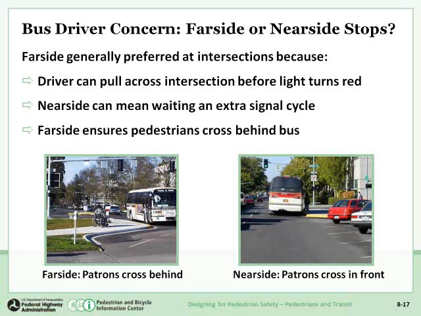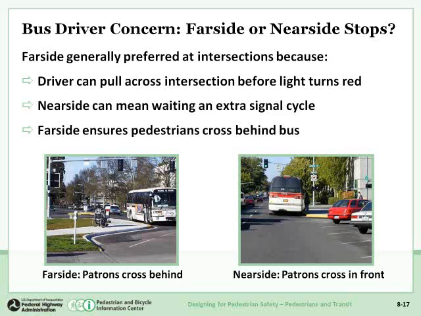So here's a question that is frequently asked in terms of bus stop placement: when you're placing a bus stop at an intersection, do you put it on the far side or the near side of the intersection? The far side is basically beyond the intersection, and the near side would be before the intersection. The far side is generally preferred because, similar to what we showed in the previous slide, a driver can pull across the intersection before the light turns red, or the traffic signal turns red if it's a signalized intersection.